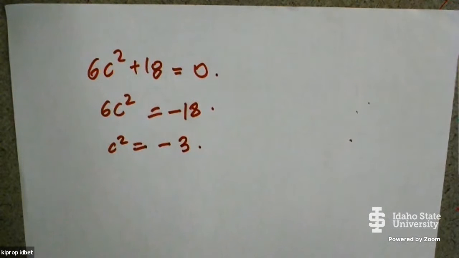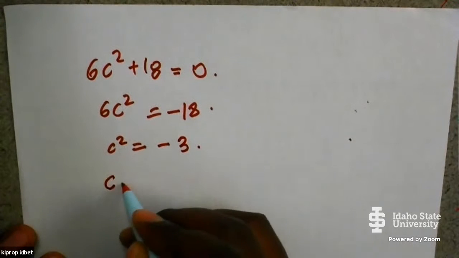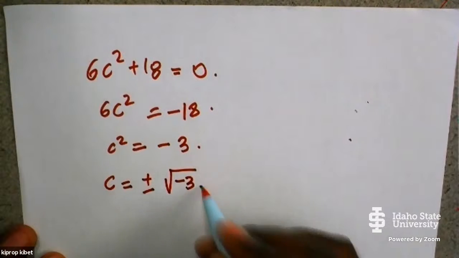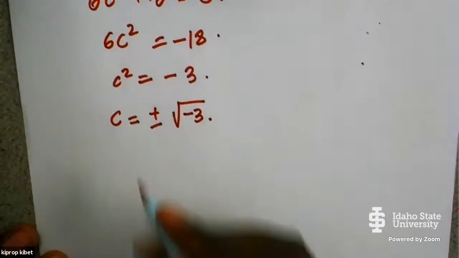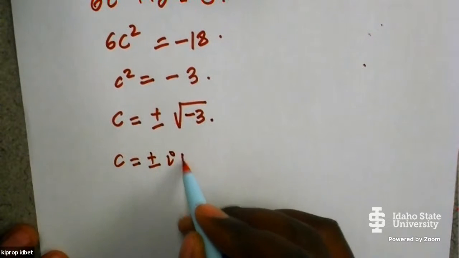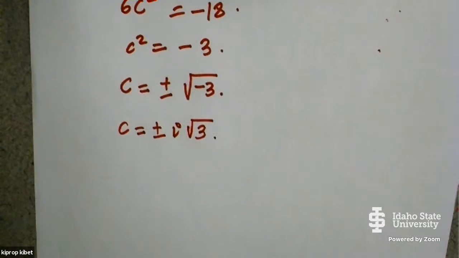So using the square root property, we know that c will now be equal to plus or minus the square root of what? Negative 3. And then now c equals plus or minus i, the root of 3.